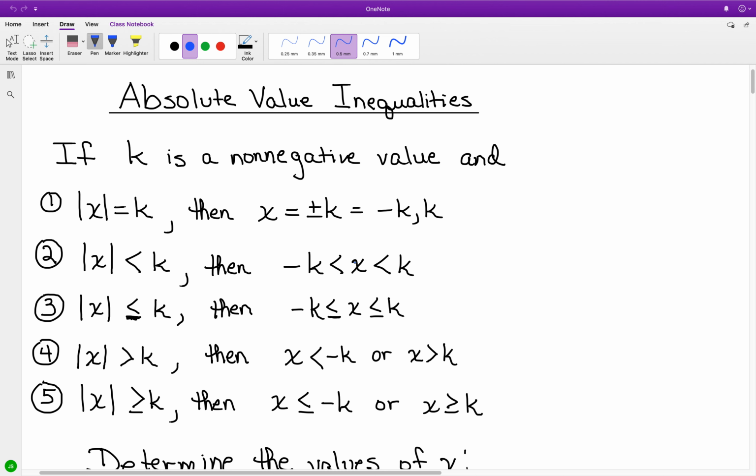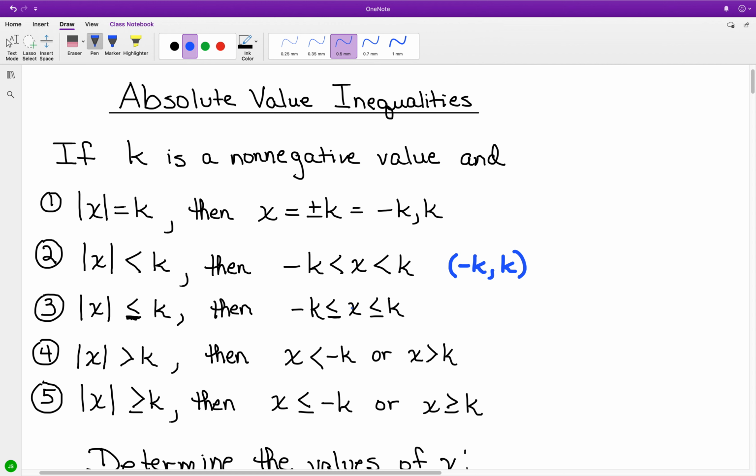And if I were to express this statement in interval notation, we would use parentheses to enclose negative and positive k. Now, if the statement is that the absolute value of x is less than or equal to k, we have almost the same type of inequality.